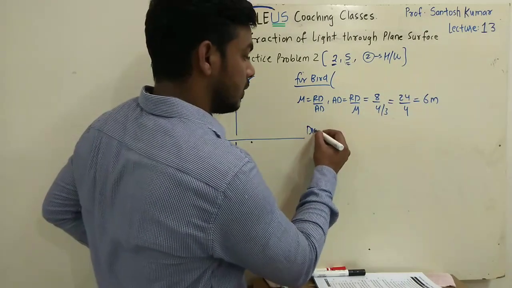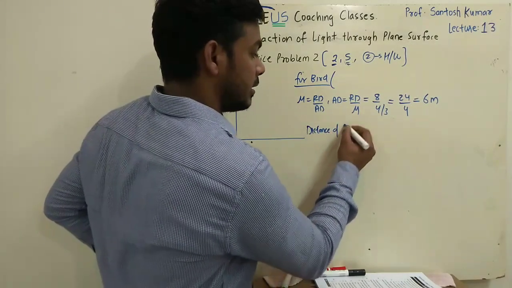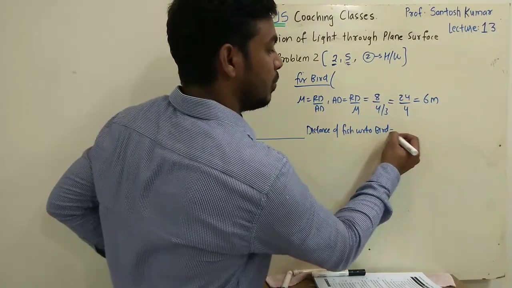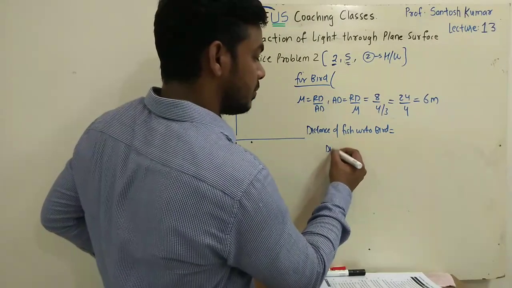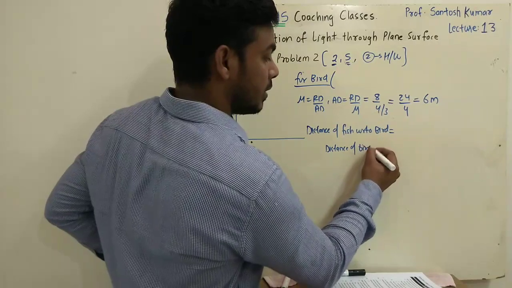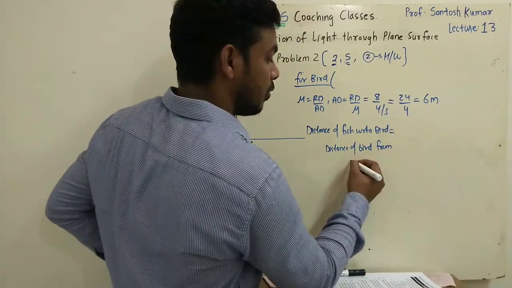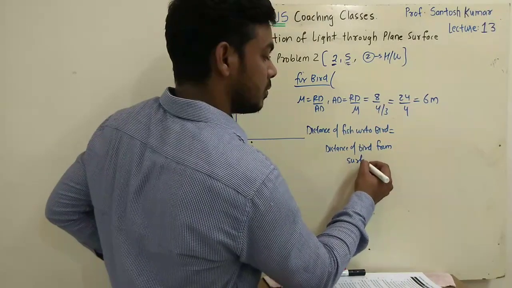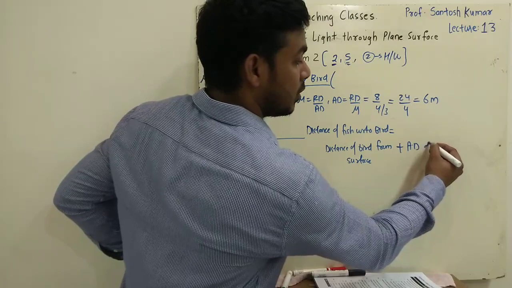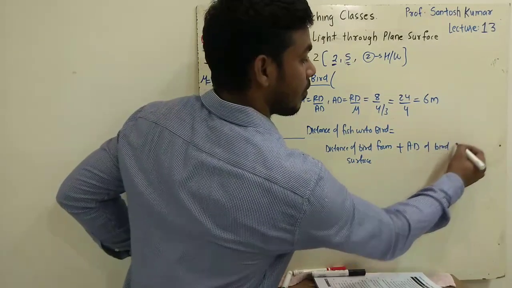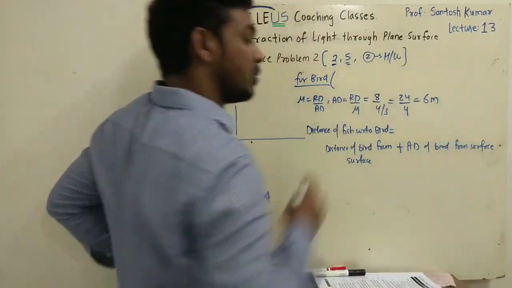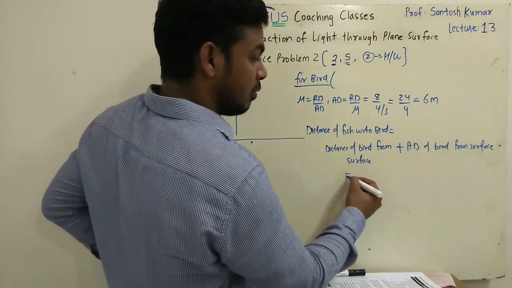So you can say the distance of the fish with respect to the bird can be written as the distance of the bird from the surface plus the apparent depth of the fish from the surface. So what is the distance of the bird from the surface?